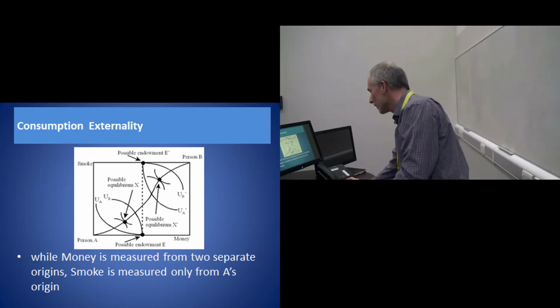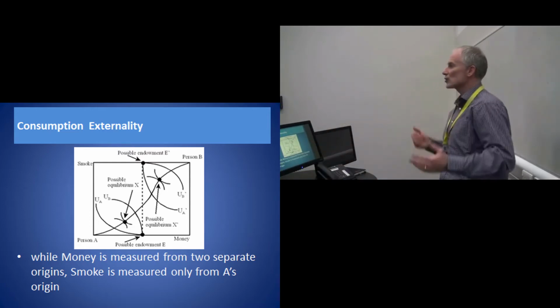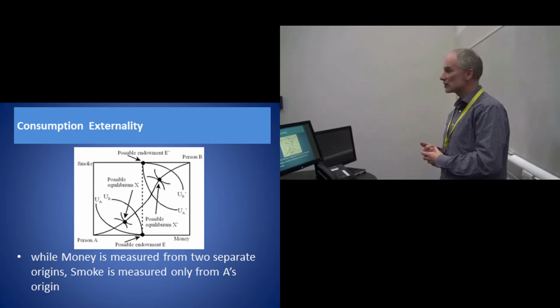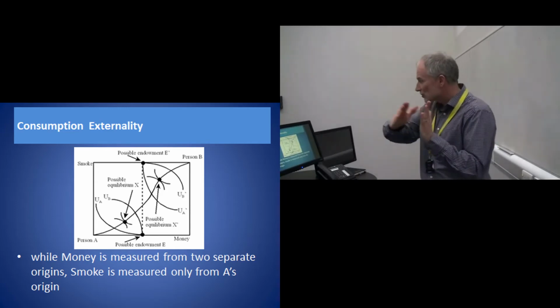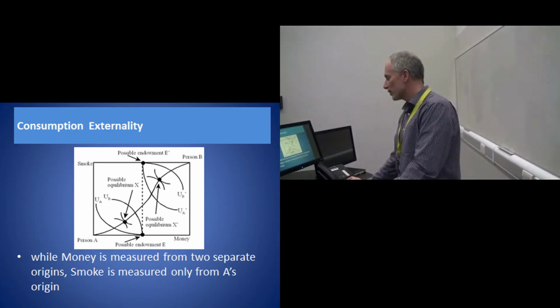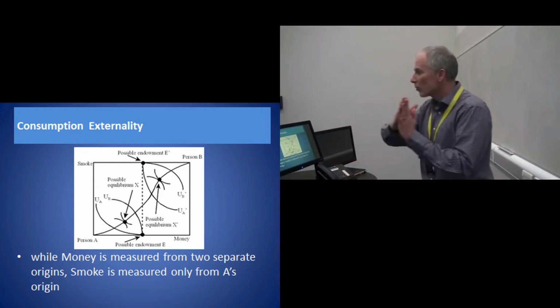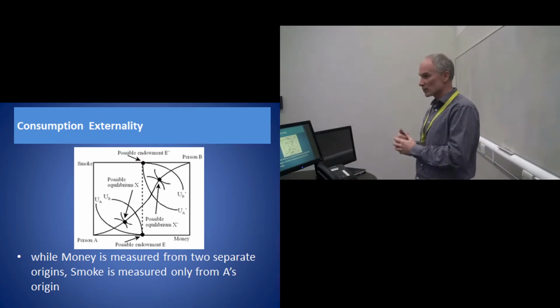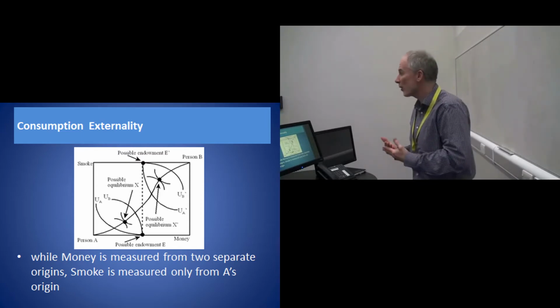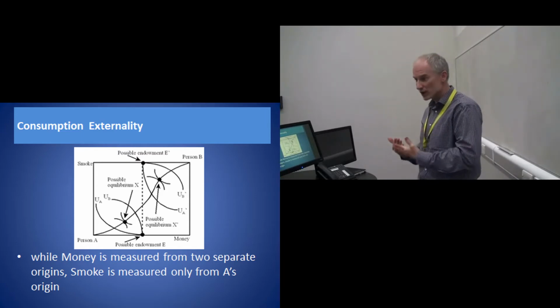So, for example, that indifference curve there, UA, that smaller indifference curve there, that indifference curve UA prime, and again, that smaller indifference curve there. Those are just examples of indifference curves for person A. And as we move away from person A's origin, we're increasing his consumption of money and smoke. And both of these make person A better off.